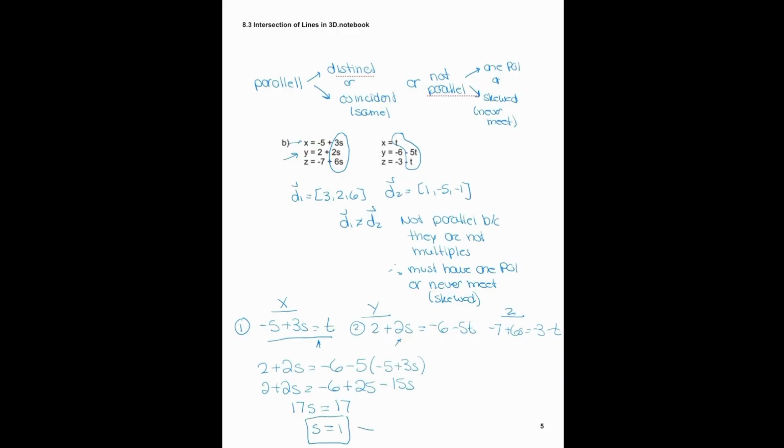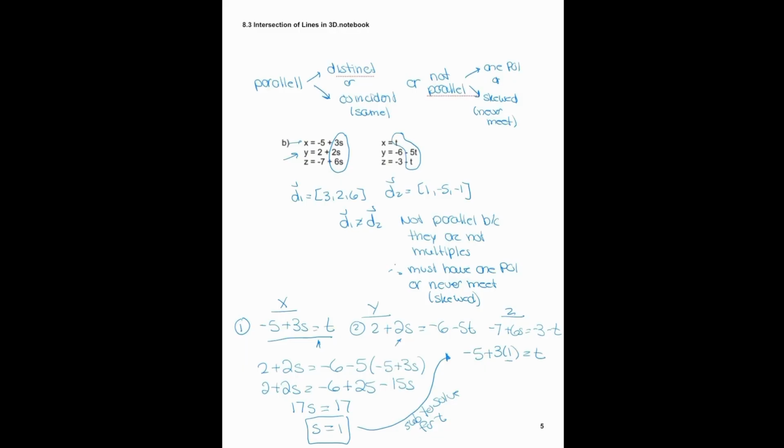Now we're going to take that value of s and sub it into equation 1 to solve for t. And so we have -5 plus 3 times 1 is equal to t.